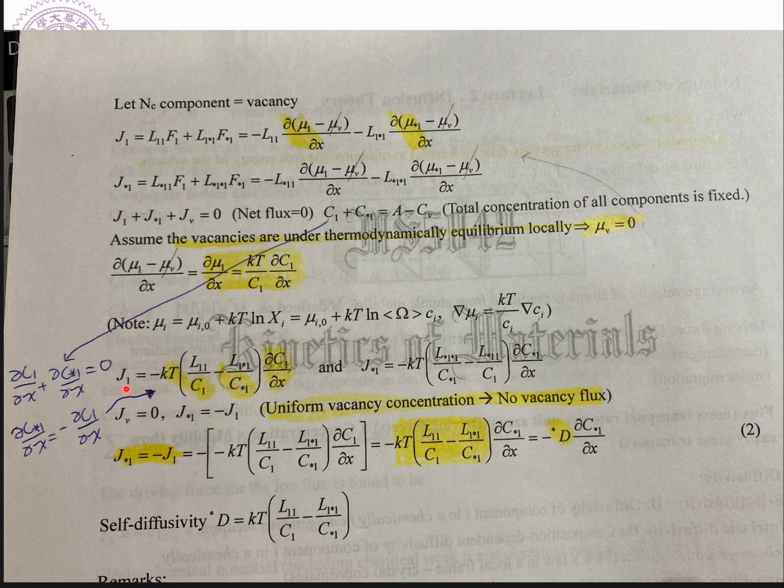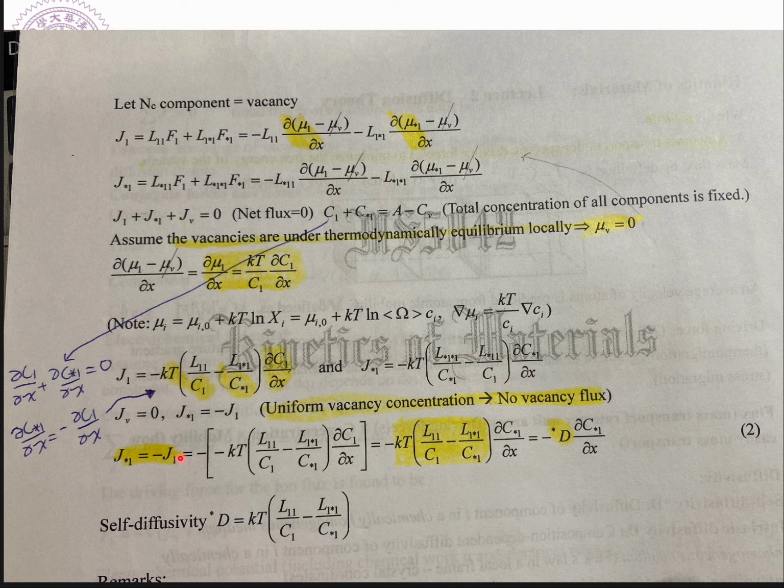As we mentioned, we assume thermodynamic equilibrium, mu V equals 0. Because mu V equals 0, we can expect JV equals 0, because the chemical potential is uniform, right? So JV is zero. So J1* equals minus J1. So we can reach here.